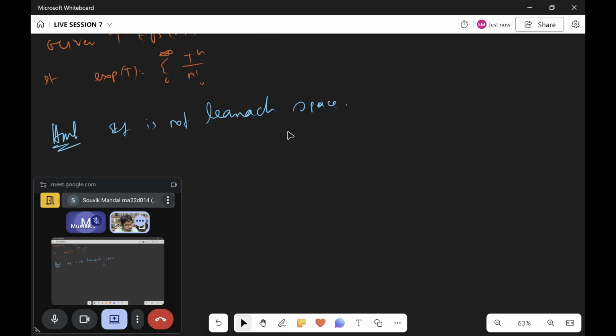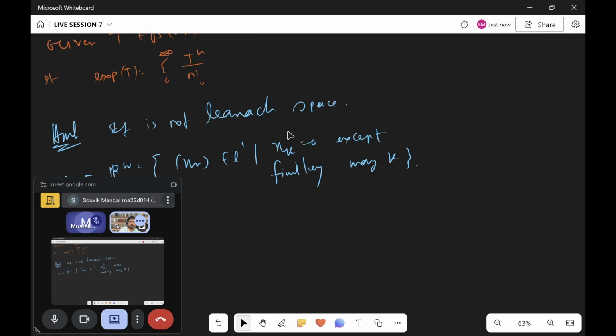The point is that, choose phi to be R to the power omega, that is, we consider all the sequences where x equals 0 except for finitely many cases.